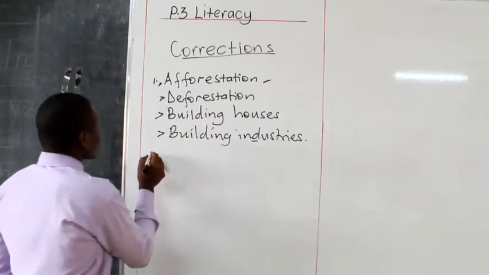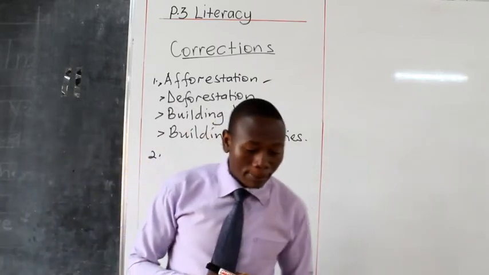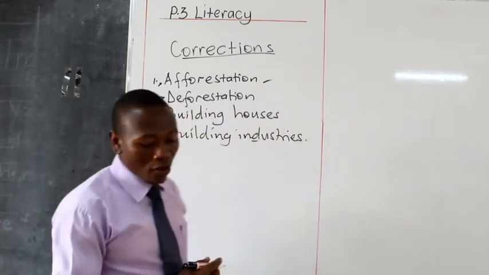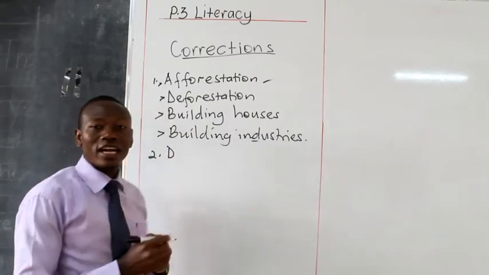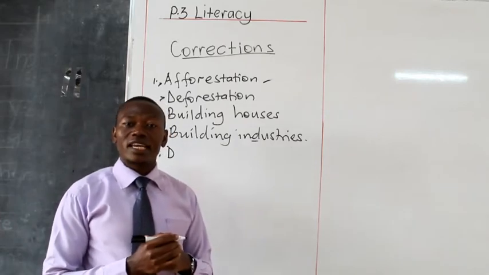So number 2. Number 2 was give the meaning of the term deforestation. So we say deforestation is the cutting down of trees in an area.